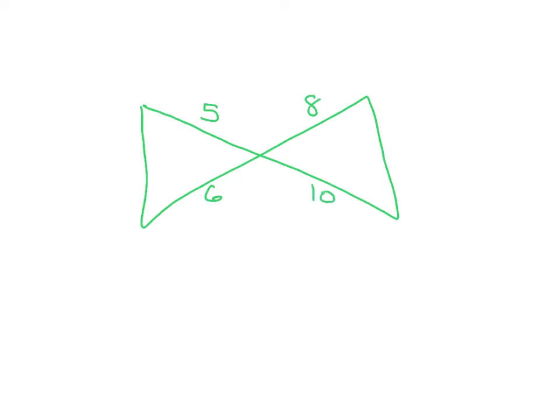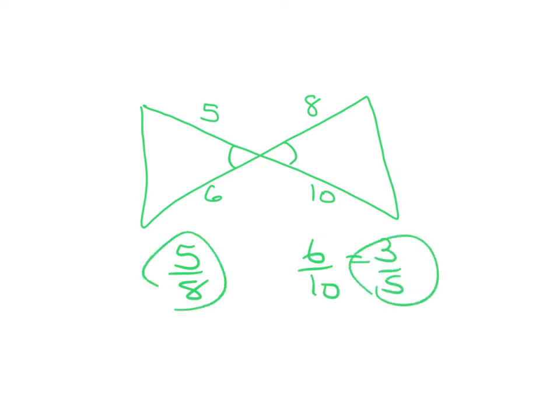Can we prove that these are similar? No, right? We do have the vertical angle, and then I could try to set up my proportions. I could try 5/10, or even 5/8. Let's do it that way. Let's do small with small. So 5/8, 6/10, that would be 3/5. These are not the same fractions, so these are not similar.